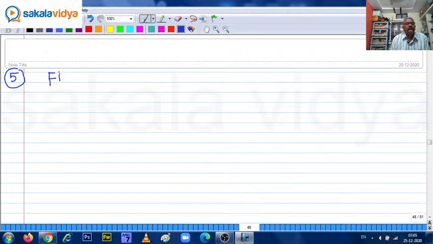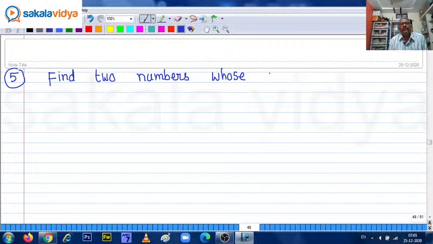Find two numbers whose sum is 27 and whose product is 182.